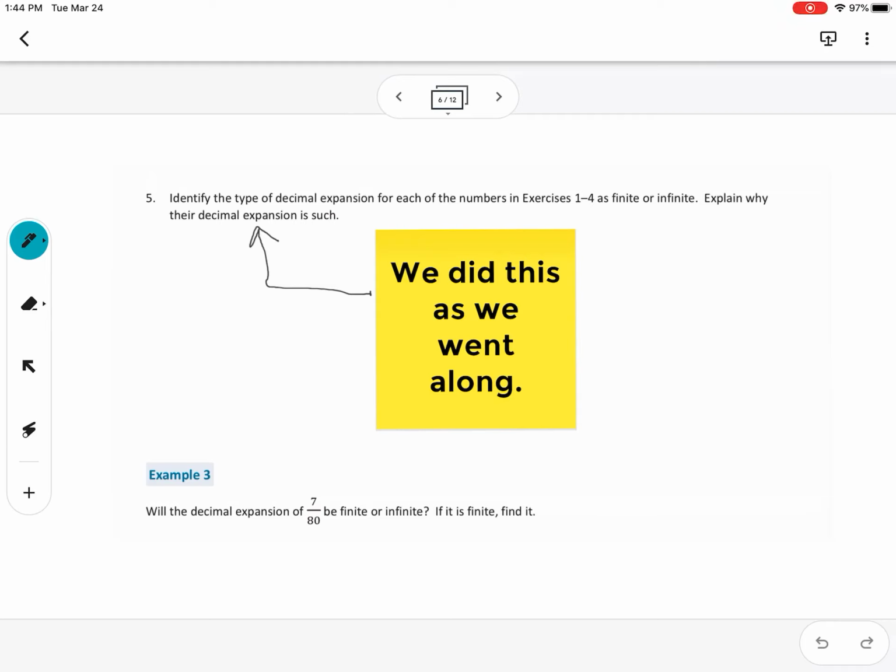All right. Now that you were back, when you did 7 divided by 80 in your calculator, you should have gotten 0.0875, and that is finite.